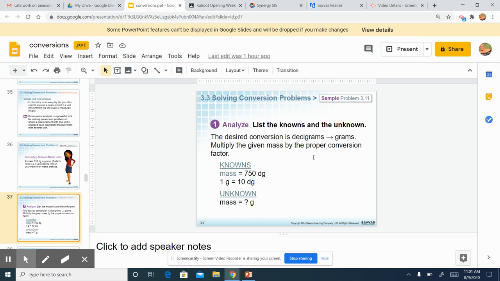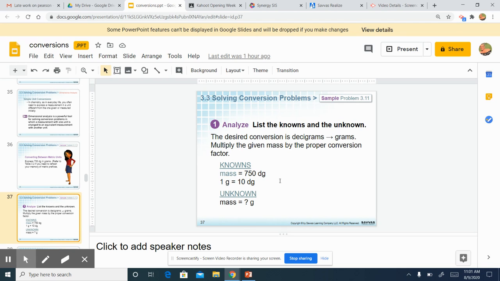So the desired conversion is decigrams to grams, and it says multiply the given mass by the proper conversion factor. So we have 750 decigrams, and we know that in each gram there are 10 decigrams.